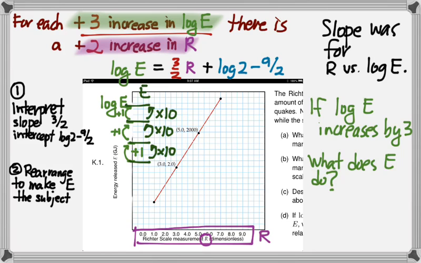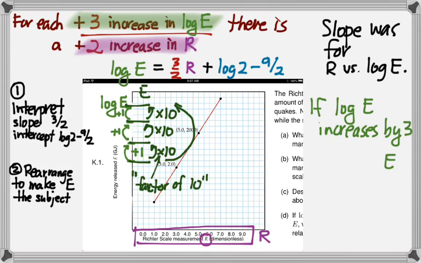When I say a factor of, that's what this little times sign there is an indicator of. A factor of 10. And so as Andrew says, the total increase that we see when we increase the log of e by 3, e itself increases by getting multiplied by 10 3 times.